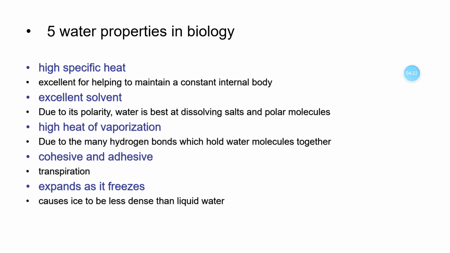And the third one is the high heat of vaporization. It refers to the amount of heat needed to convert a liquid to a gas. Due to the many hydrogen bonds holding water molecules together, the heat of vaporization is very high for water.